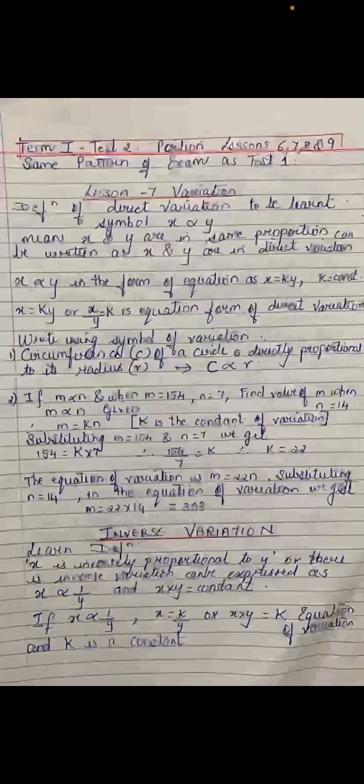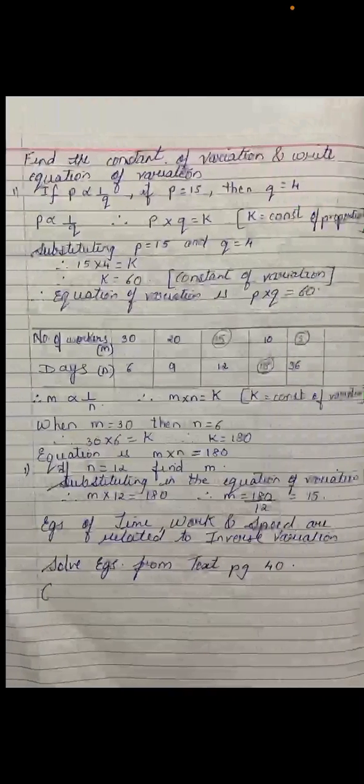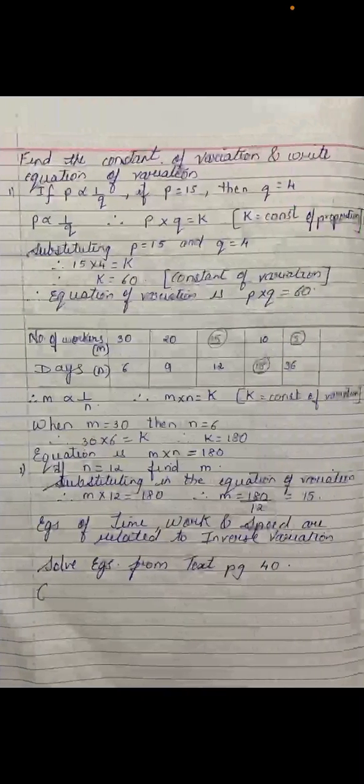If x varies inversely as 1 upon y, then x is equal to k upon y, or x into y is equal to k is the equation of variation and k is a constant. Now let's move on to the next page.